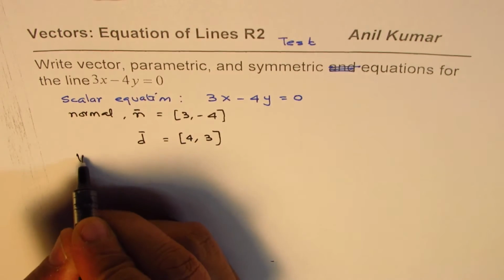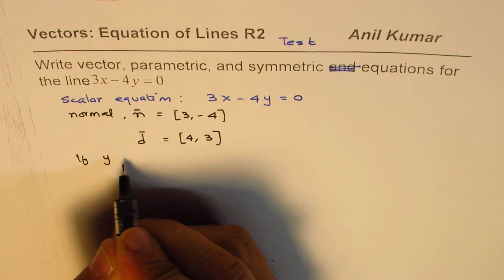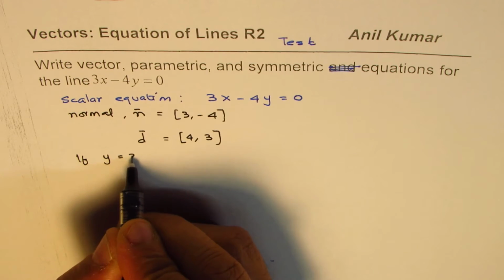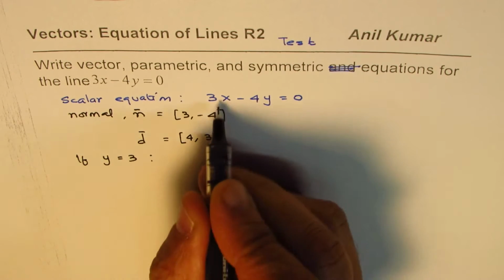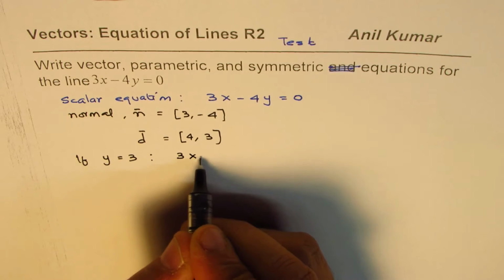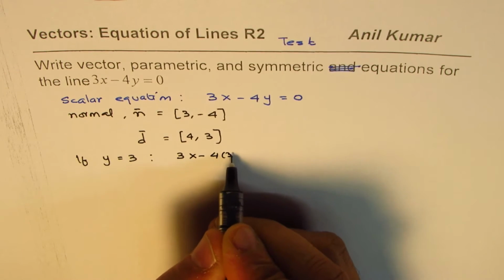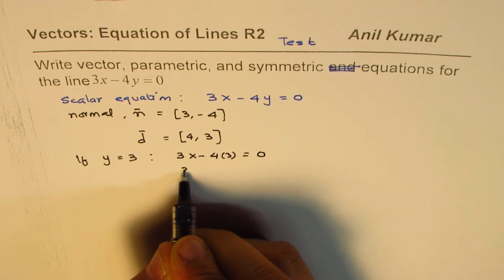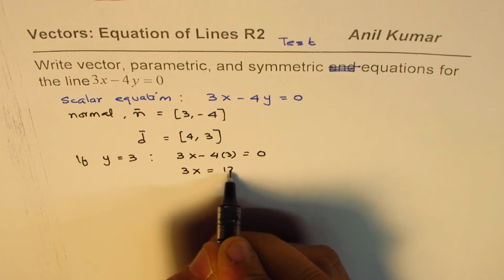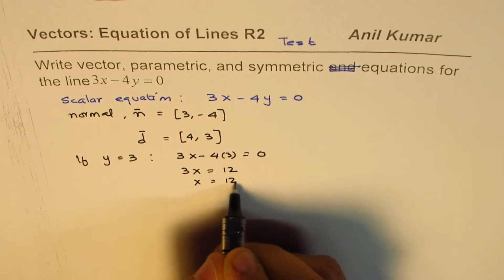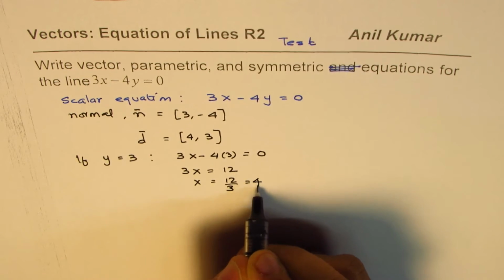So if y is equal to 3, then you can write this equation as 3x minus 4 times 3 equals 0, or 3x equals 12. x equals 12 divided by 3, which is 4.